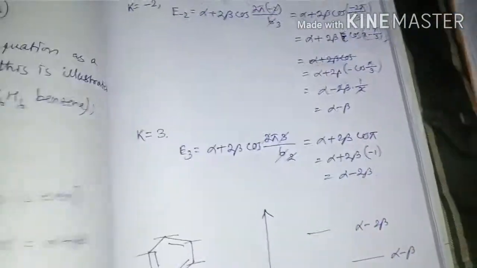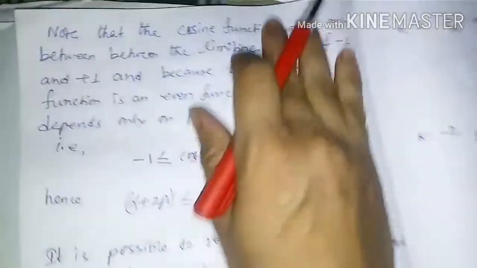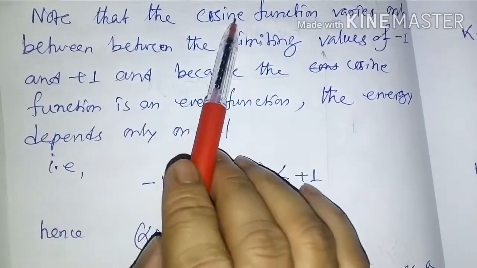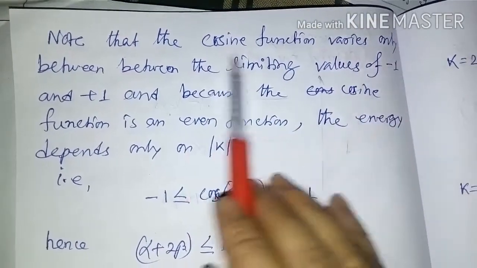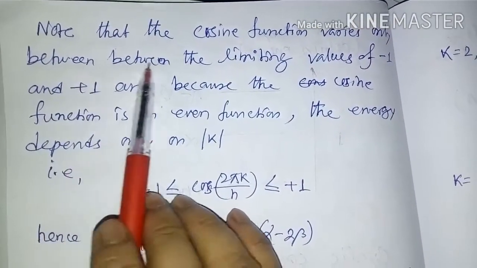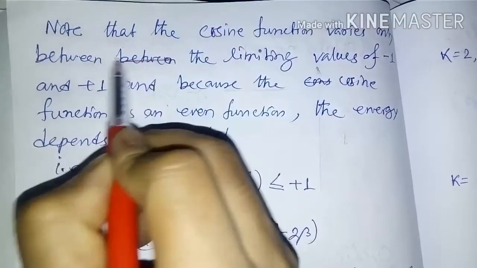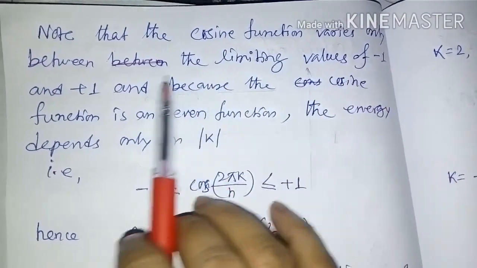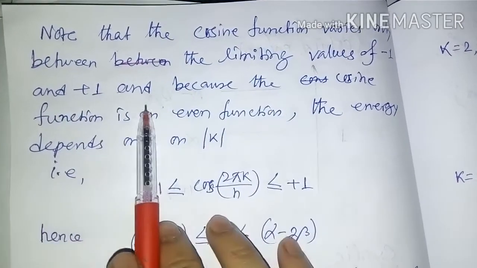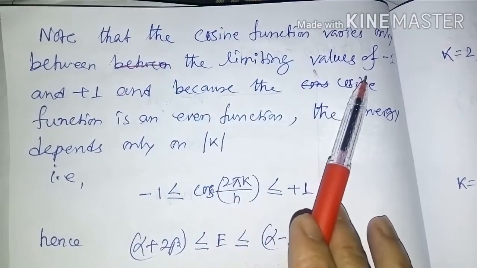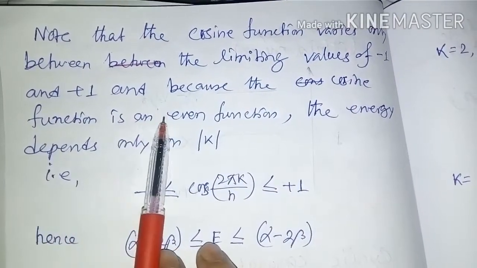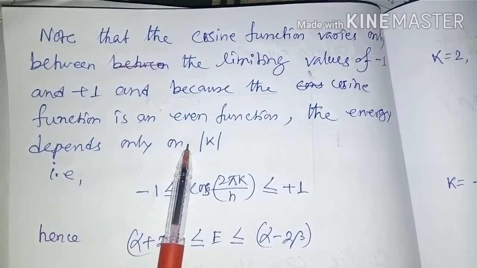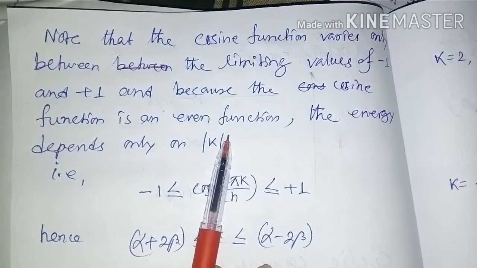Okay, now some note: note that the cosine function varies only between the limiting values of -1 and +1, and because the cosine function is an even function, the energy depends only on modulus k.